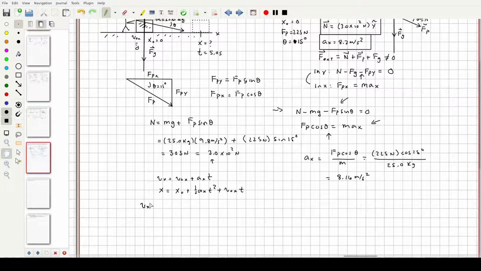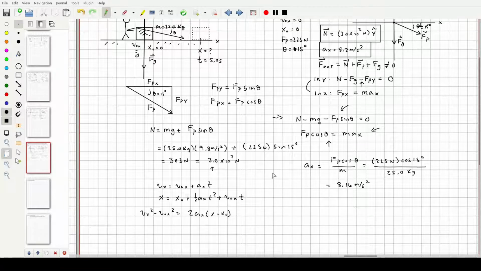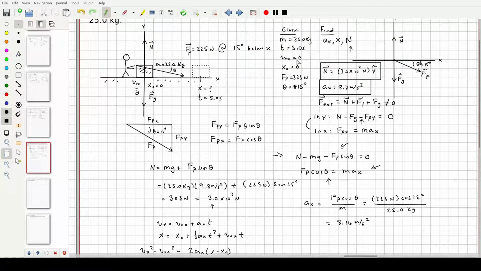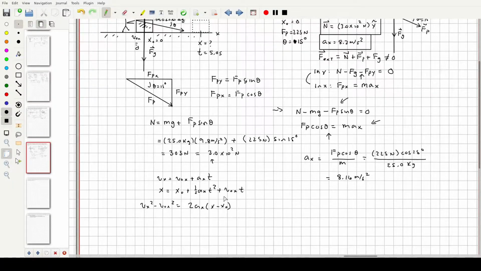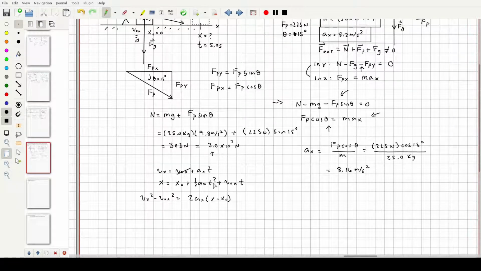And then vx squared minus v naught x squared is equal to 2 times a sub x times x minus x naught. Now, if you plug in our initial stuff, we know our initial velocity and positions are 0. It's just like before. That's 0, that's 0, that's 0, that's 0, and that's 0.